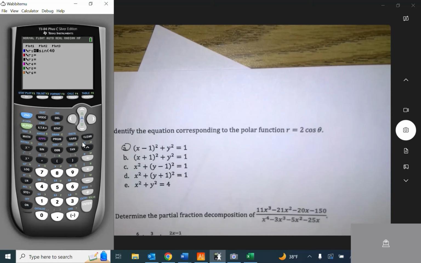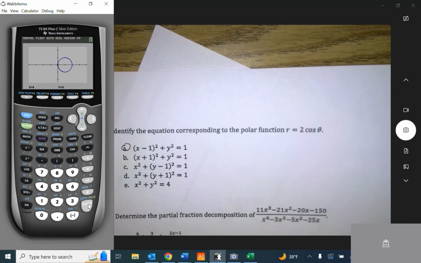So I'm going to go to y equals, and this time I'm going to put in 2 cosine theta. And I'll do a zoom square. That way you actually see the circle. And there it is, a teeny tiny little circle. But we'll zoom in.